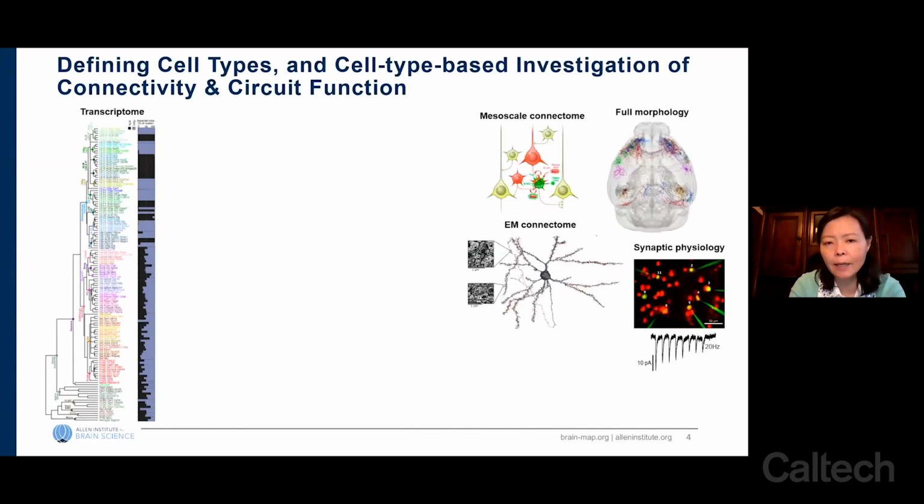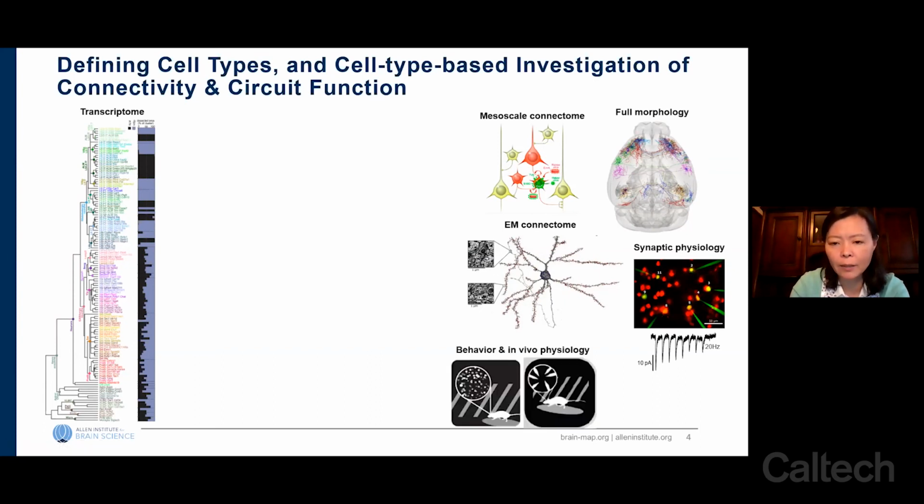At the other end of the spectrum of our approaches, we use a number of methods to investigate the connectivity among cell types and individual cells. We do that at both the brain-wide level, especially in the mouse brain, but also at a synaptic level in the mouse and human brains as well, and look at the connections in populations of cells and, again, in particular, for individual cells.